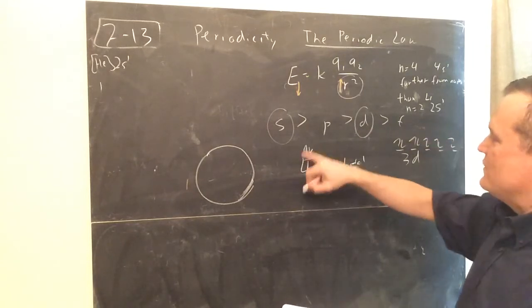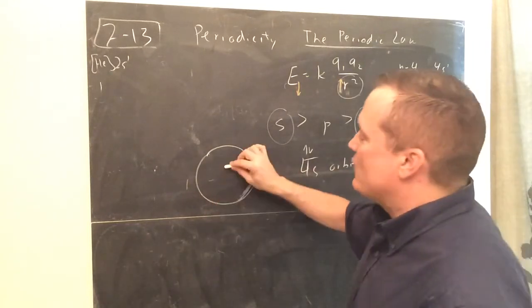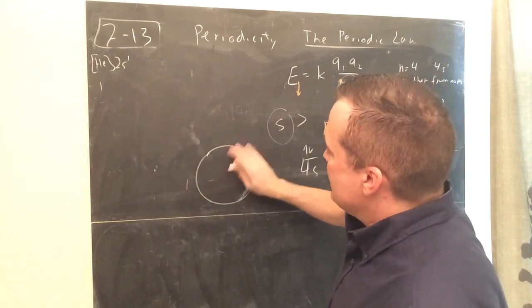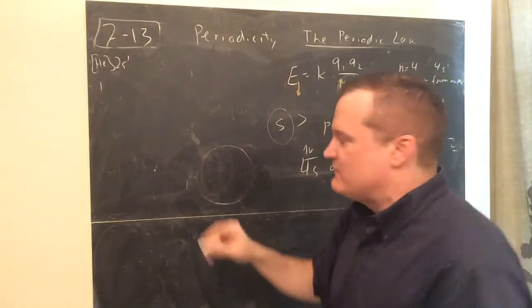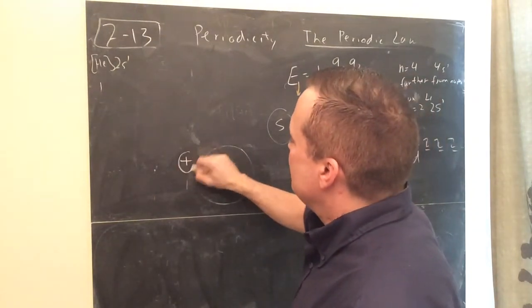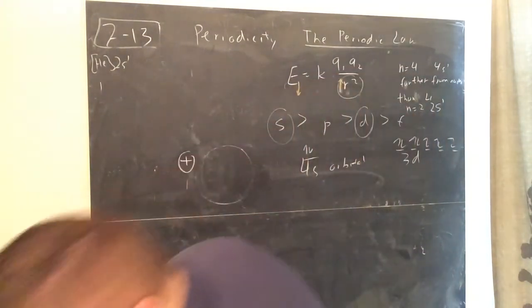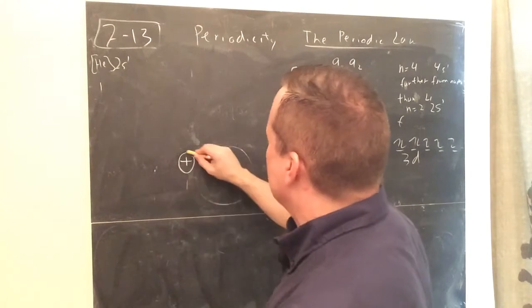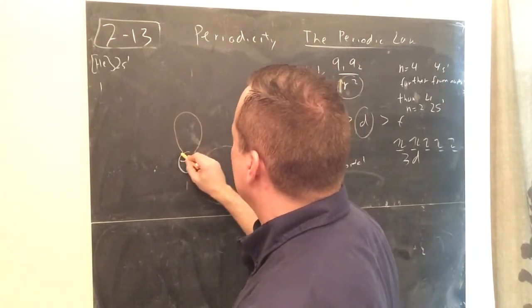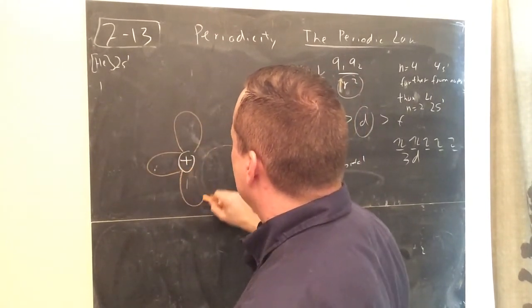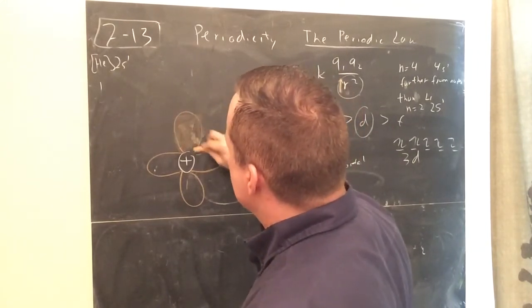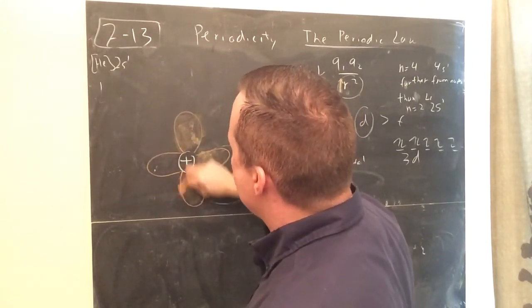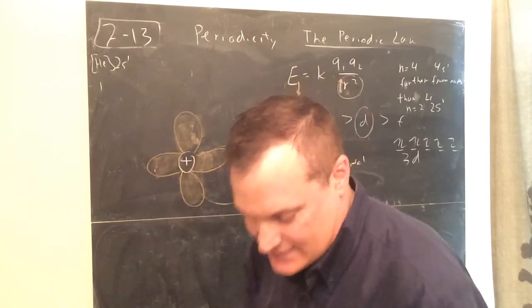Okay, the reason has to do with the shape of the orbital. So think of a 4s. If I drew a nucleus, think about what I drew on the other lesson. If I drew a single 3d orbital, I told you it's kind of like this. All of that area is only a single d.